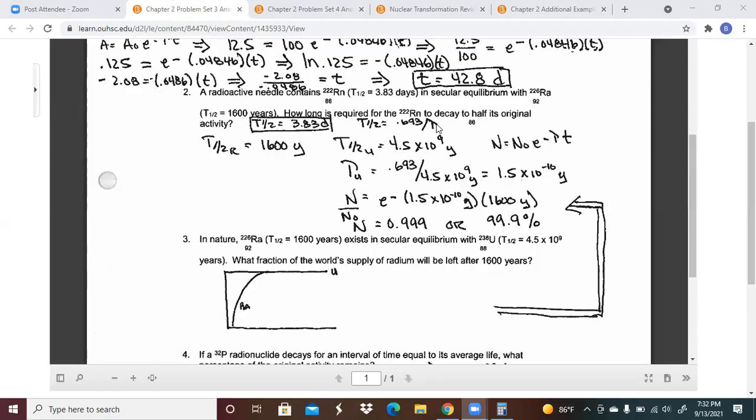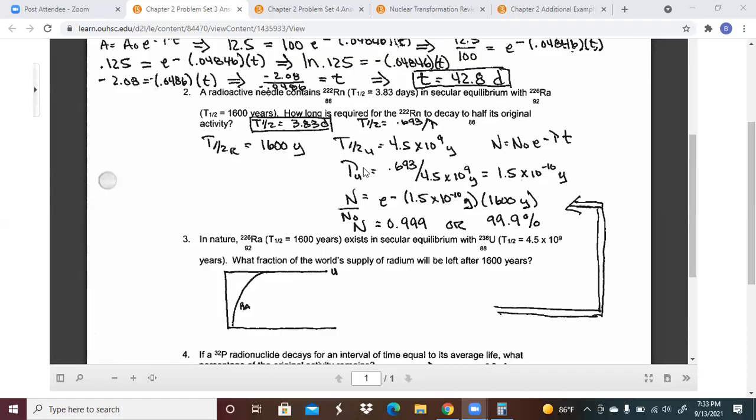And we have that particular information. Now, we're looking for the fraction that is left after 1600 years. So what's left after 1600 years, we're going to use this particular equation. The amount that we have here, the number of atoms, is equal to the original amount that we had, e to the minus lambda t.